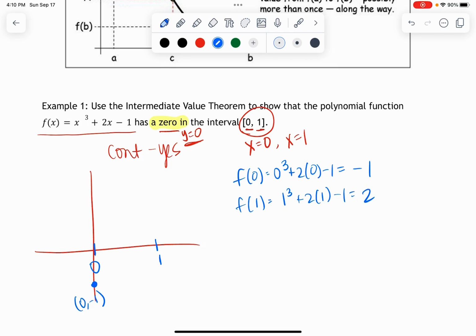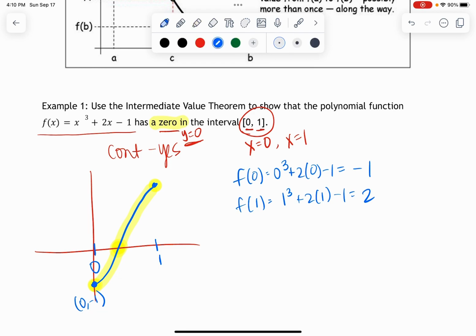And so 1, 2. So if you have a smooth continuous curve, which we do have, that means they're connected somehow, there has to be a 0, which is an x-intercept, right there in the interval 0 to 1. Because it starts below the x-axis and ends above the x-axis, it has to cross the x-axis. There has to be a 0 sometime between 0 and 1.